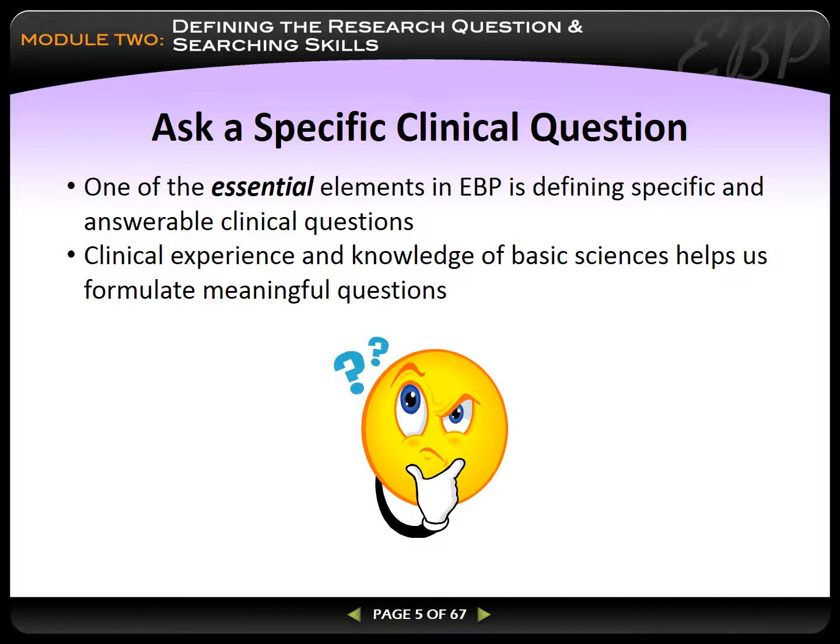So one of the essential elements in evidence-based practice is defining answerable clinical questions. And in manual therapy clinical practice, questions about the best care for clients arise frequently. Given that the evidence is changing at a rapid rate, it is difficult to go to standard textbooks for the most up-to-date information.